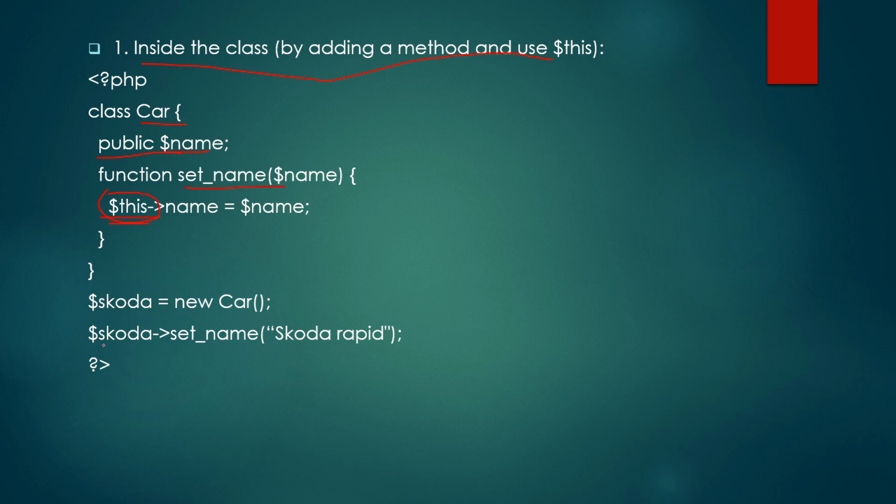While calling this method, I just passed a value called Skoda Rapid, which will be stored inside the variable called $name. And then I'm assigning this value to this variable. One thing to note is that when I use the $this keyword, there's no need to put a dollar sign in front of the variable name.